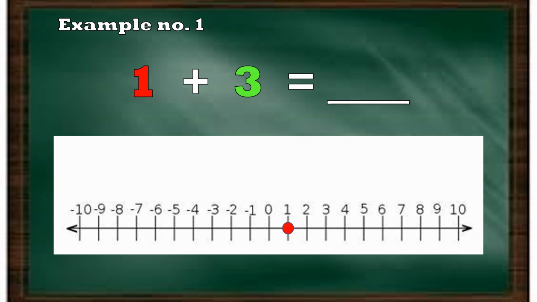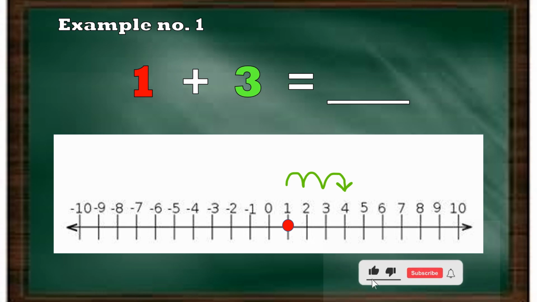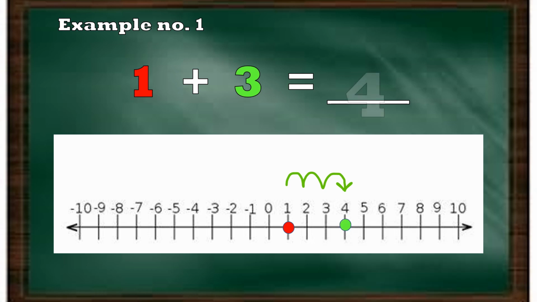And since 3 is a positive integer, we will move 3 steps to the right from our base, which is the positive 1. So 1, 2, 3. As we move 3 steps to the right, we landed on positive 4. So the answer of 1 plus 3 is positive 4.